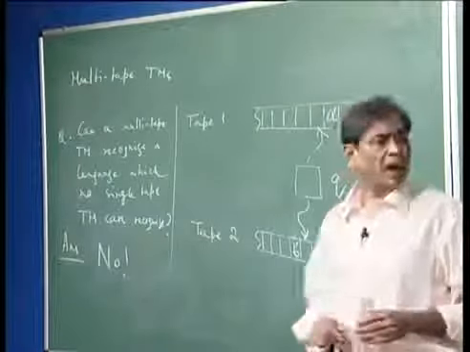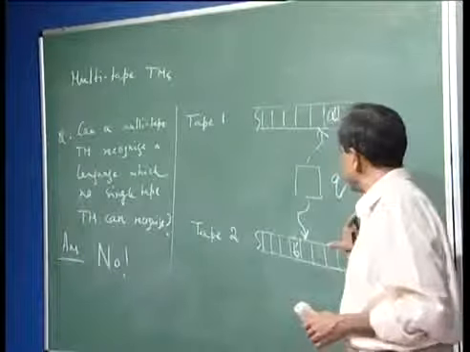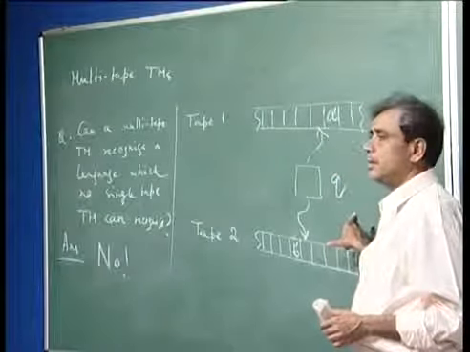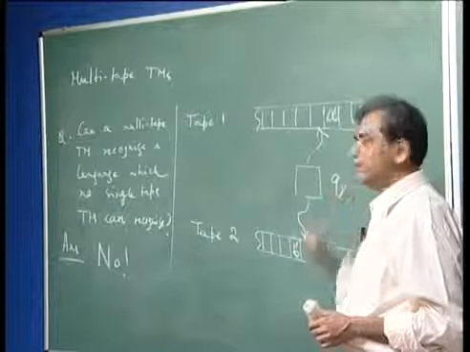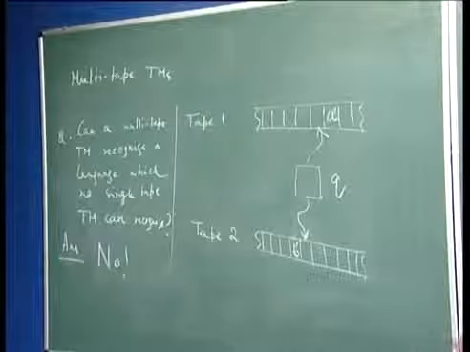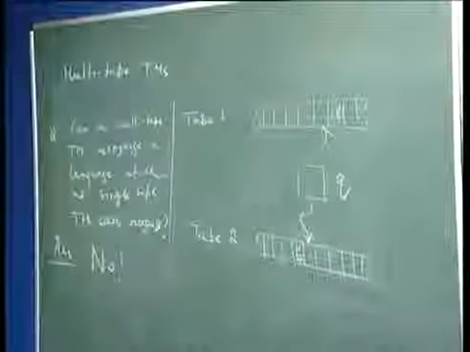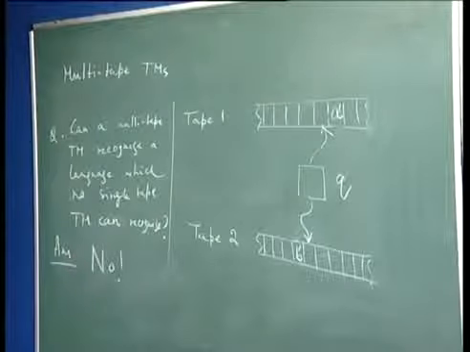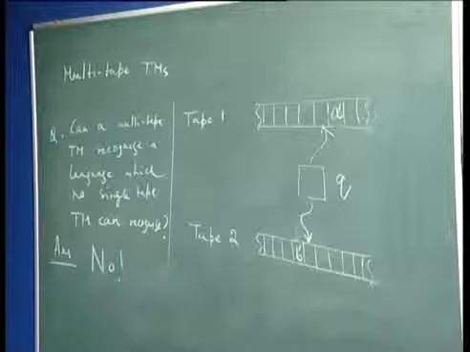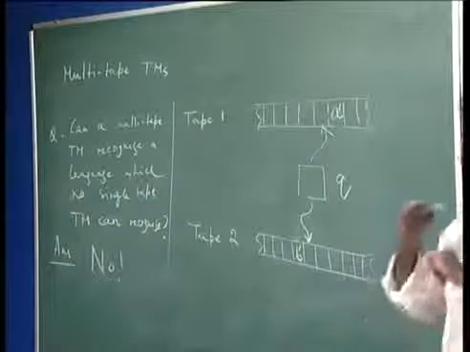Now, how can we do what this machine does by means of a single tape Turing machine? So, there are several questions we need to first settle. The first question being, how shall we represent the contents of the 2 tapes on a single tape?